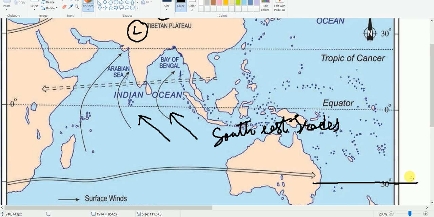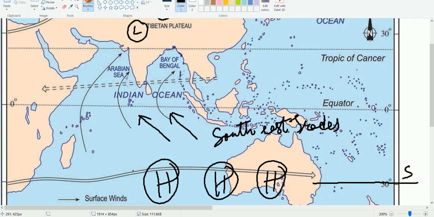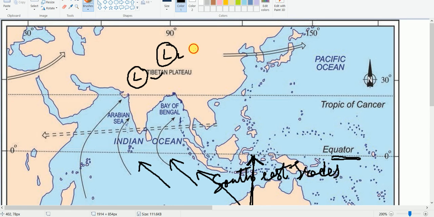As I told you, 30° south is here, and here we find the subtropical high pressure cells. So winds are blowing from the subtropical high pressure cells towards the equatorial low. Here this is the equator, and this wind is supposed to move due north, but due to the Coriolis force, it is deflected to the left like this, and so it will be attracted to this area.